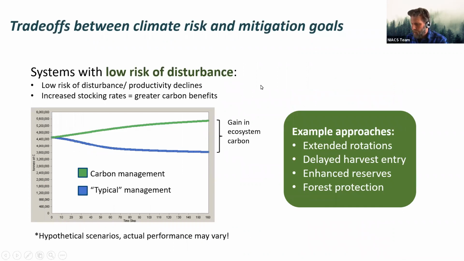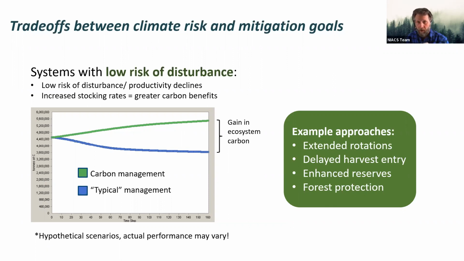So, when we think about this in terms of carbon and carbon management, I oftentimes think about what are the risks to your site and how do we manage for carbon, and what are the timescales that we're looking at in terms of that carbon management response.